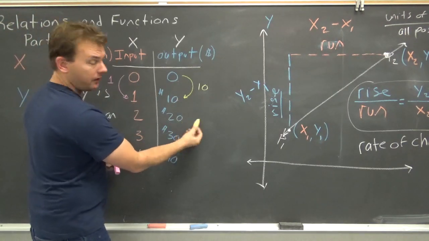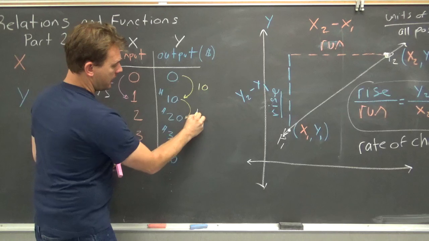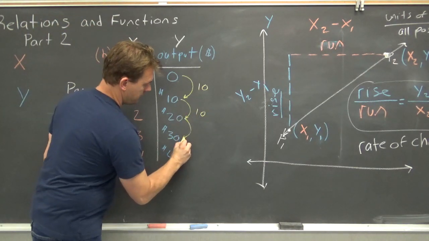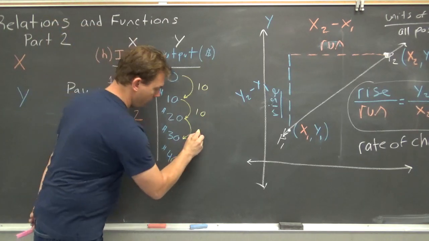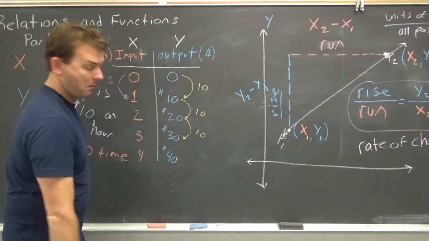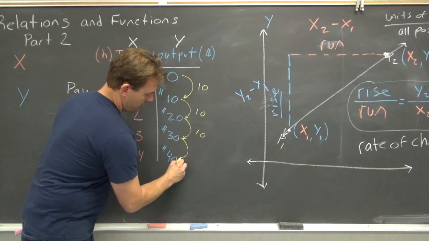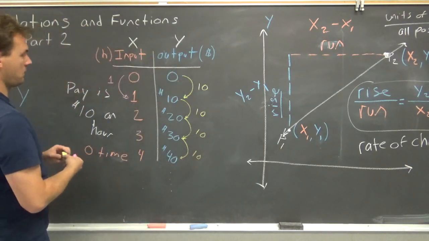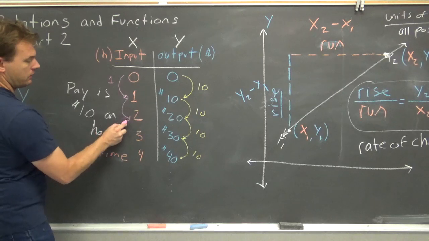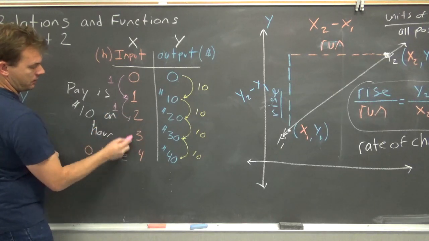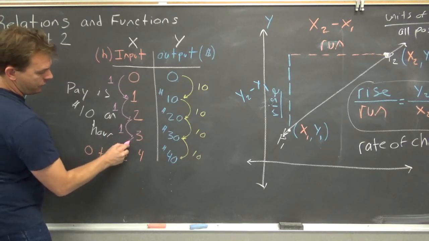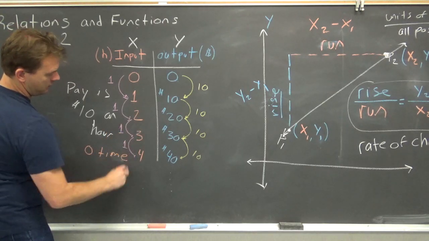From 10 to 20, it went up by 10, right? From 20 to 30, it went up by 10, right? From 30 to 40, it went up by 10, right? From 1 to 2, it went up by 1. From 2 to 3, by 1. 3 to 4, by 1.